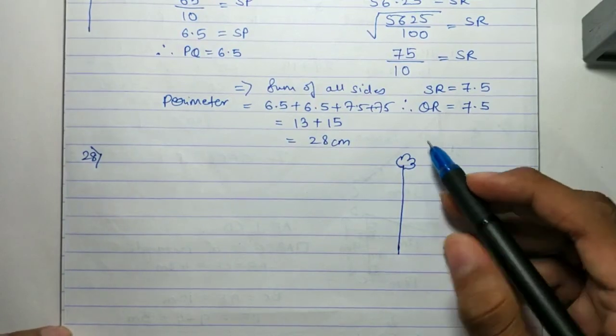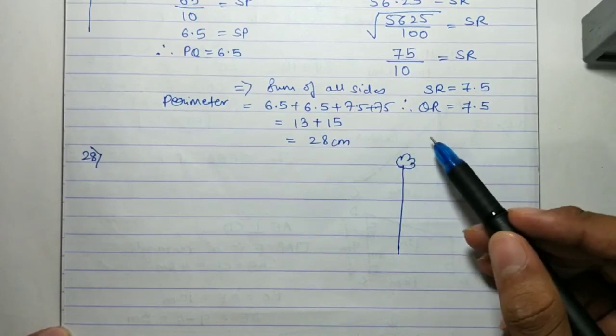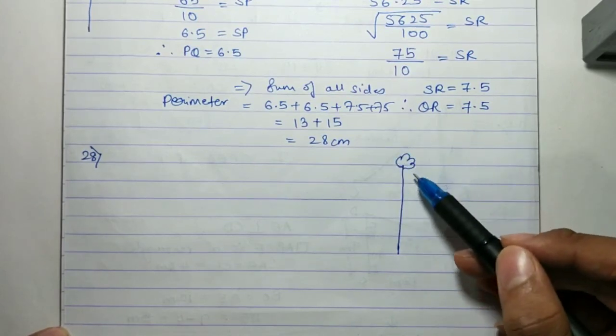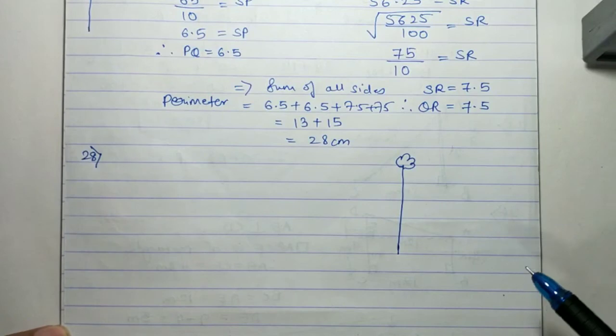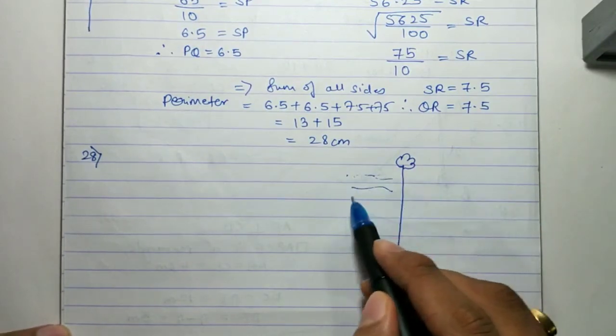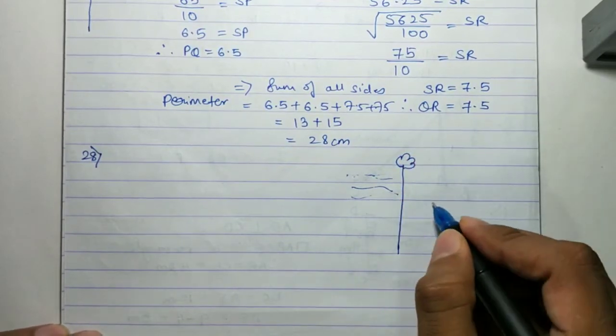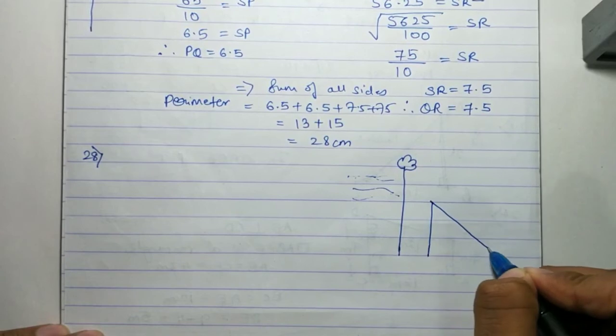The question says the upper part of the tree is broken by wind and falls on the ground without being detached, meaning because of the wind, let's say this part of the tree broke and fell down, so it is something like this.